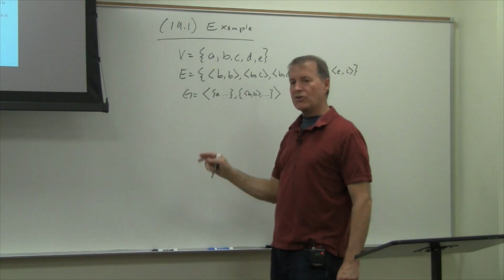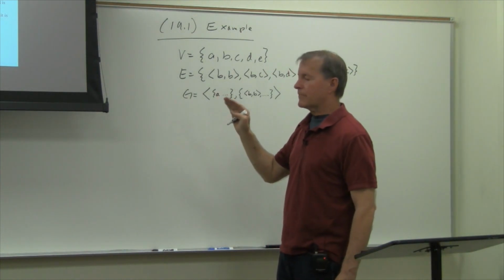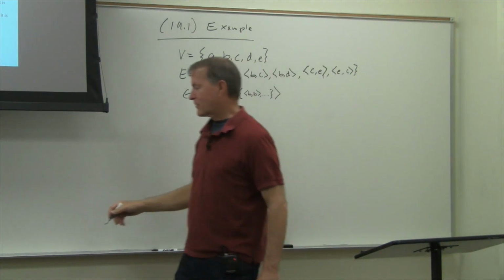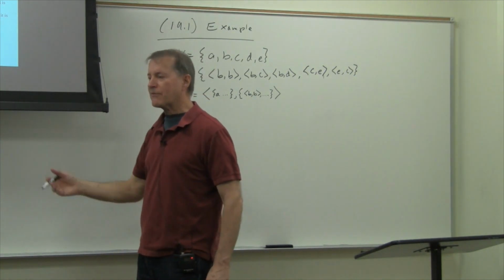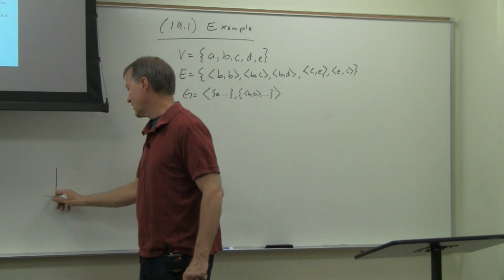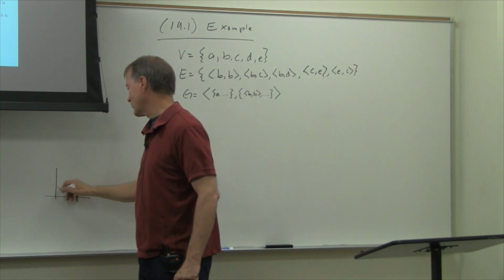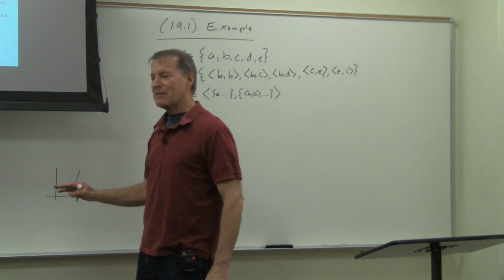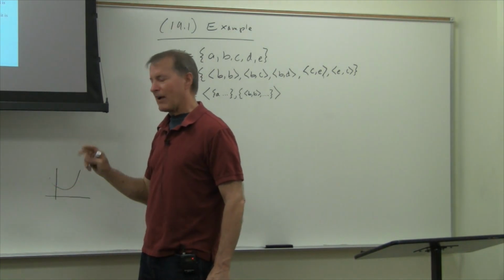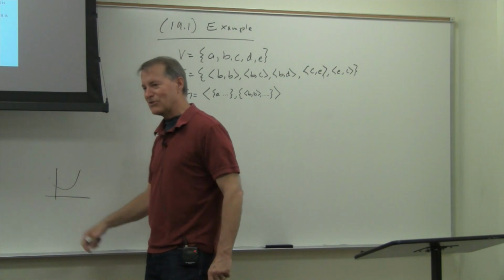Now look, how do you draw this? In math, when you were doing algebra and somebody said, graph this function, what was a graph? It was an x-axis and a y-axis, and you'd have a parabola or something like that. Unfortunately, in mathematics there are two different meanings for the word graph. This graph has nothing to do with that kind of graph.